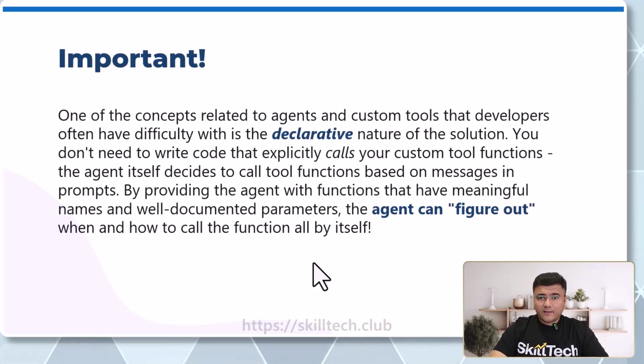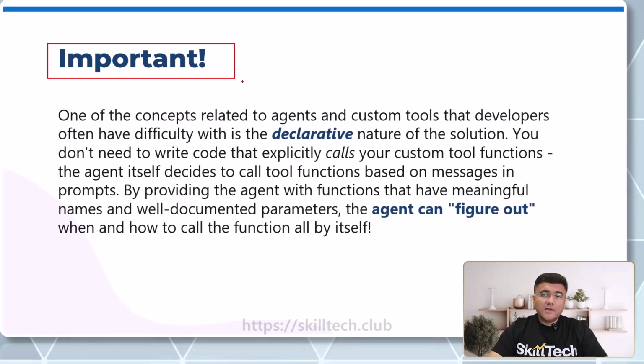One important thing I want to add here, guys: this is a very important slide, and from my past experience, most developers are not able to understand this part, so please focus on this. One of the concepts related to agents and custom tools that developers often have difficulty with is its declarative nature.